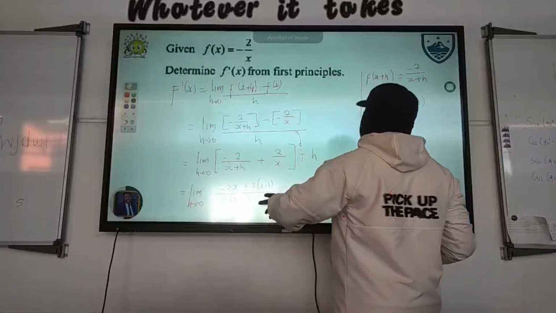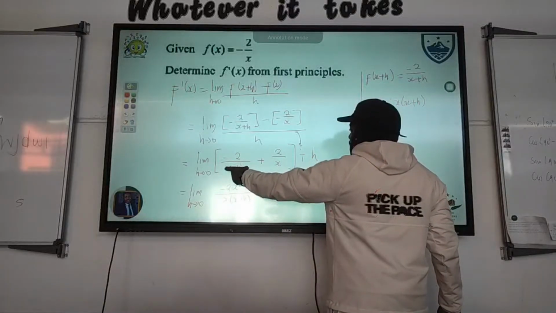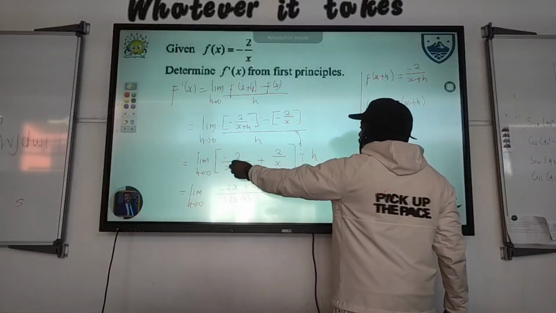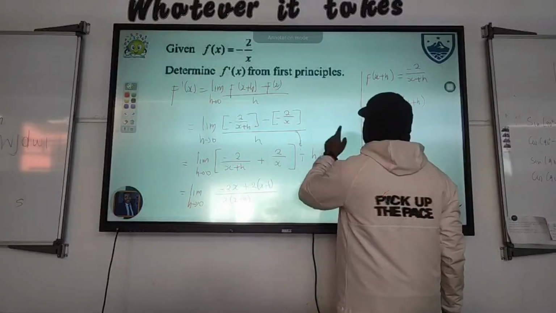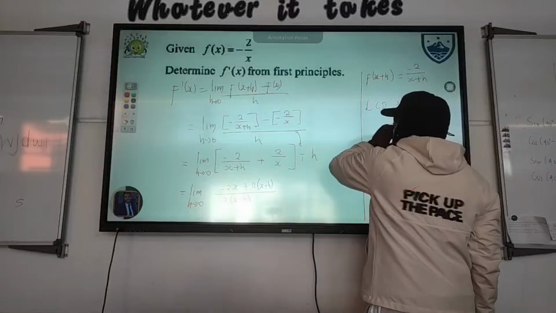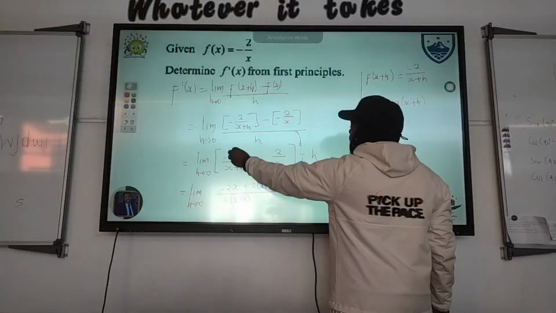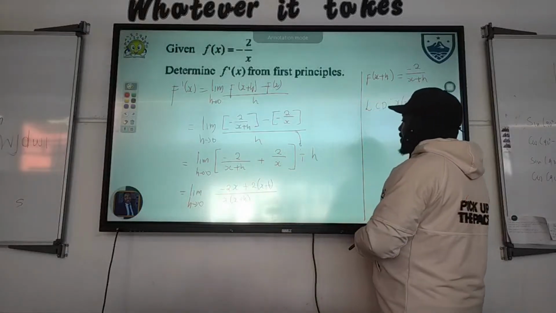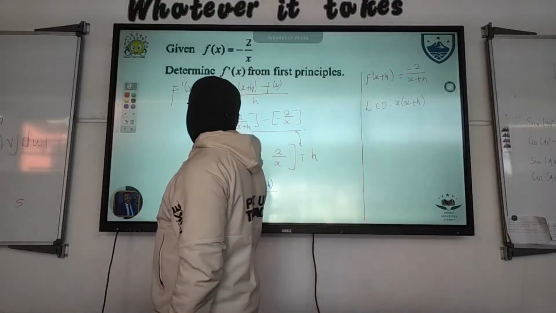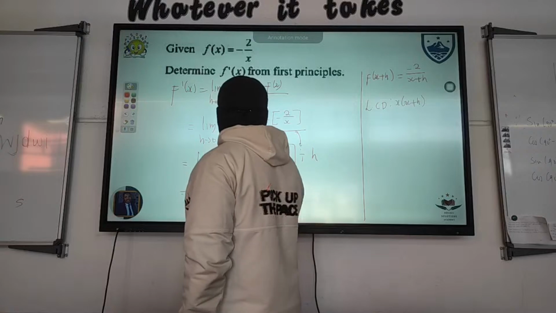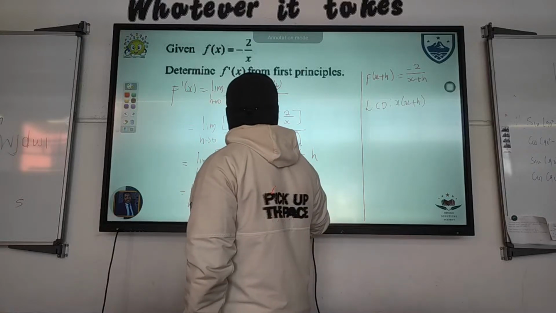So you just multiply by what your denominator didn't have. If you look at this, this fraction actually had x plus h as the denominator, it didn't have x. And the lowest common denominator has x and x plus h. So we just multiply the denominator by what it didn't have. Don't forget again that we said this will change now.